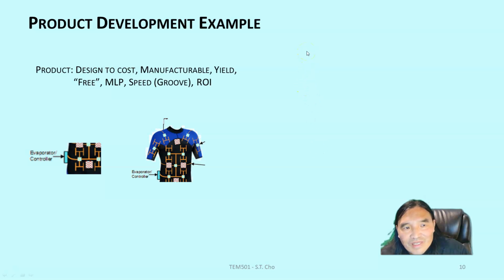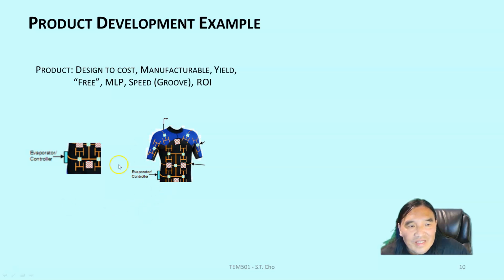A product development example is the cooling suit. One thing about mankind is that we can live in a bunch of different environments. When things are cold, what do we do? We put a winter coat on. So if we can make a winter coat for cold weather, why can't we make a cooling coat for hot weather?